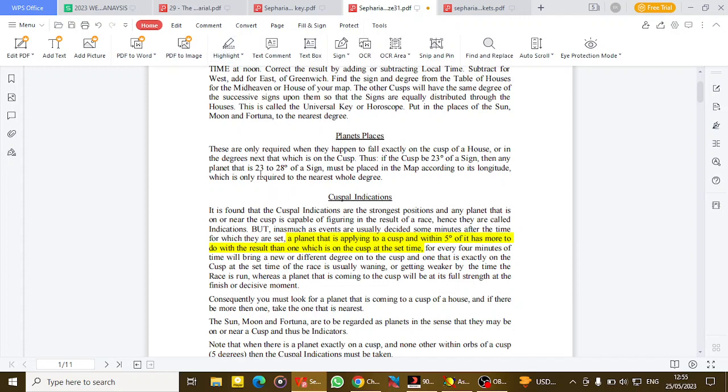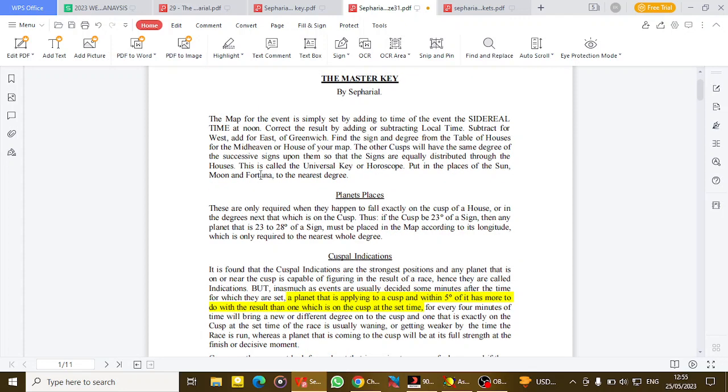He was talking about racing, figuring out racing games and all that, but the most important part he brings out here is that a planet that is within 5 degrees and applying to any significant position, or should I say location in the zodiac, a critical degree, if I was putting it that way, is able to influence the particular result of whatever it is that you're trying to assess.